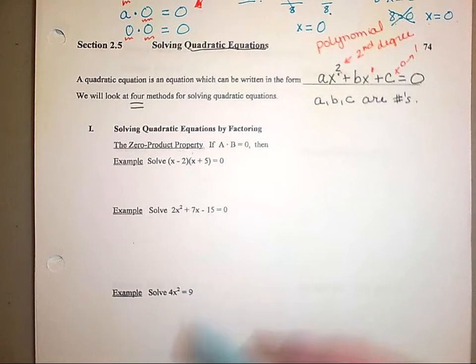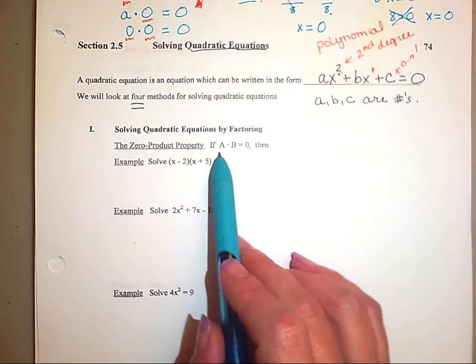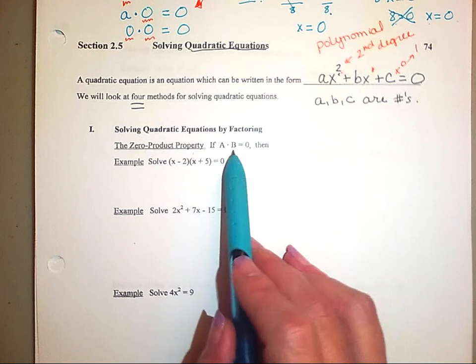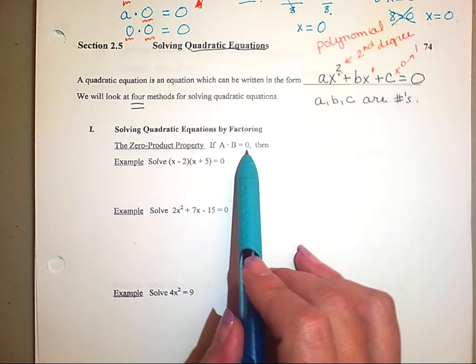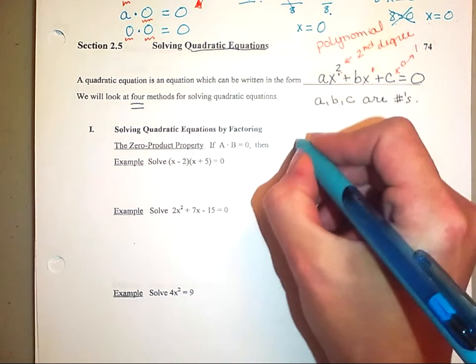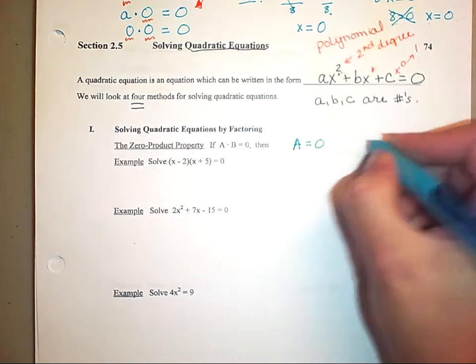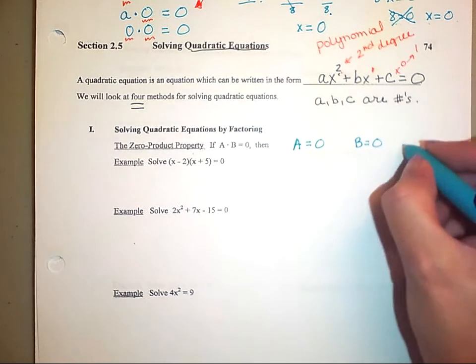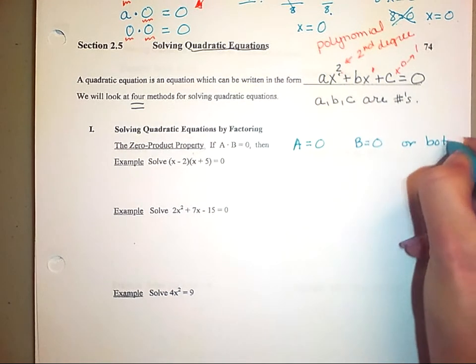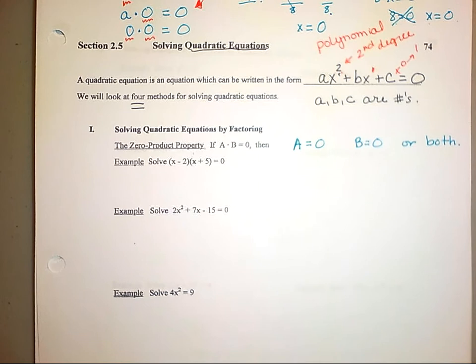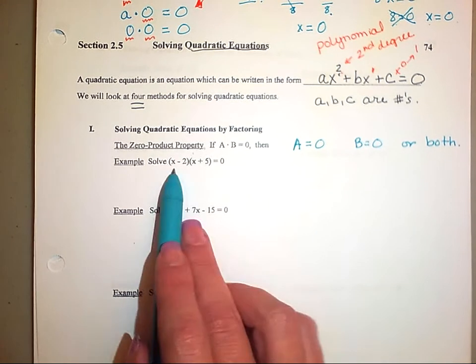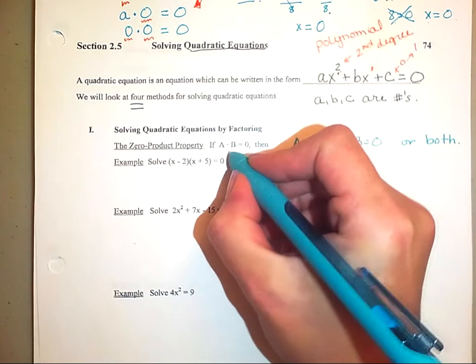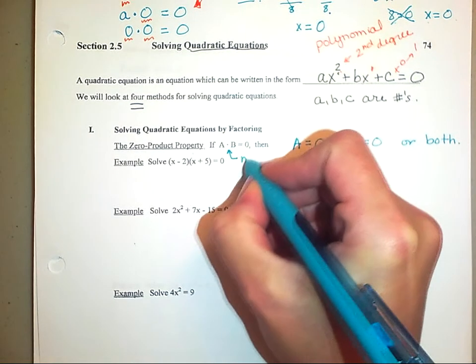So that's what this says here for the zero product property. If two things, two unknowns, are multiplied together and they equal 0, then it's either that the first unknown is equal to 0 or that the second unknown is equal to 0. Or both. That could be true. So for example, that is what we have here. Now notice the important thing here is that this is a multiplication.